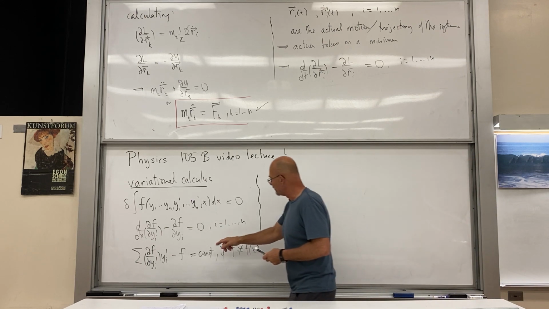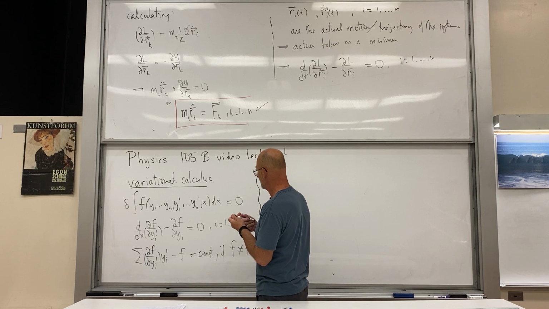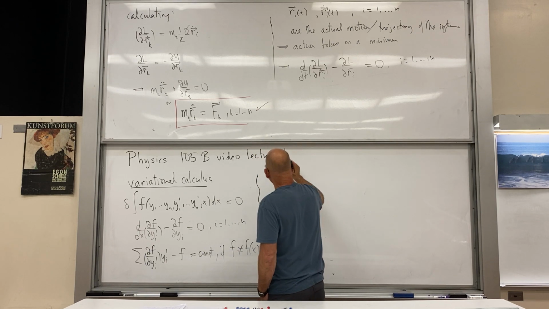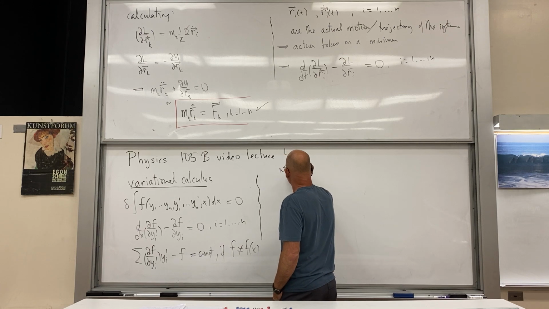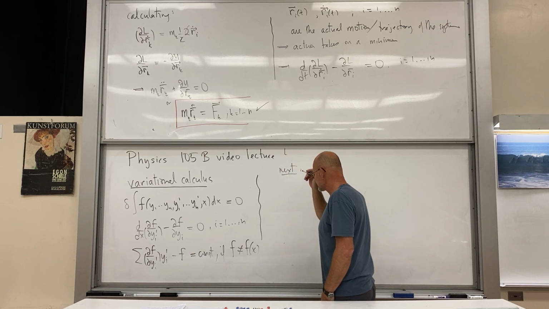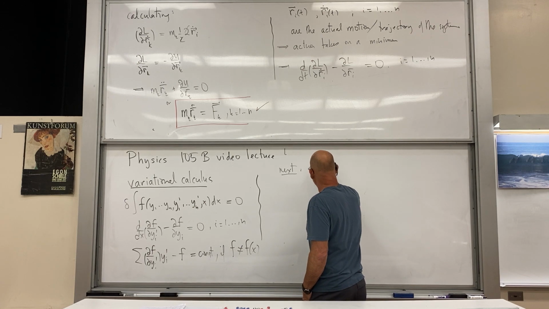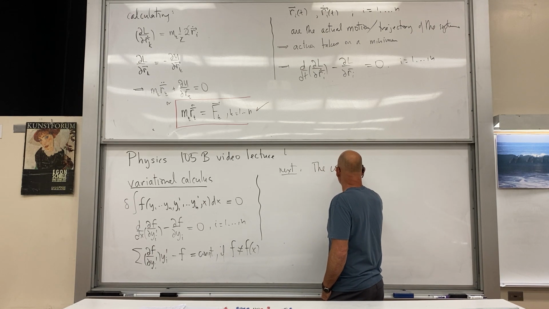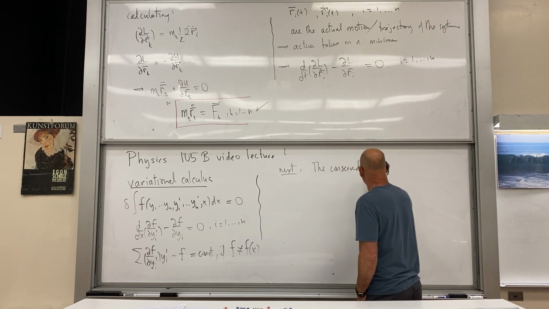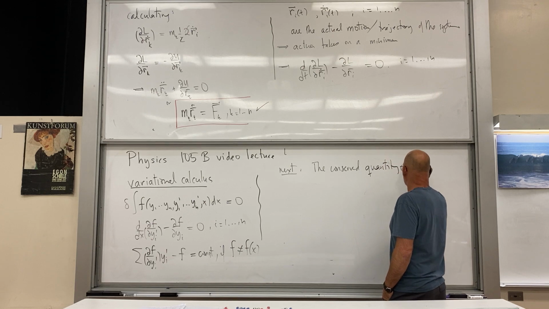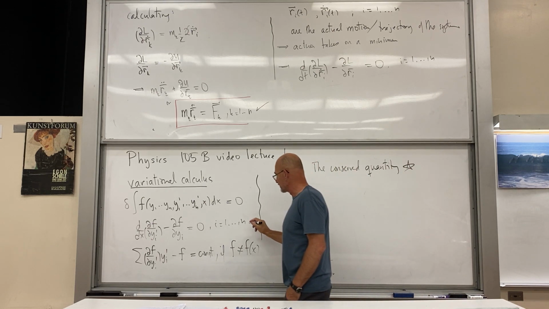So if we want to form this thing here, we're following with this thing. So next, the conserved quantity. I'll just call this thing star right here.